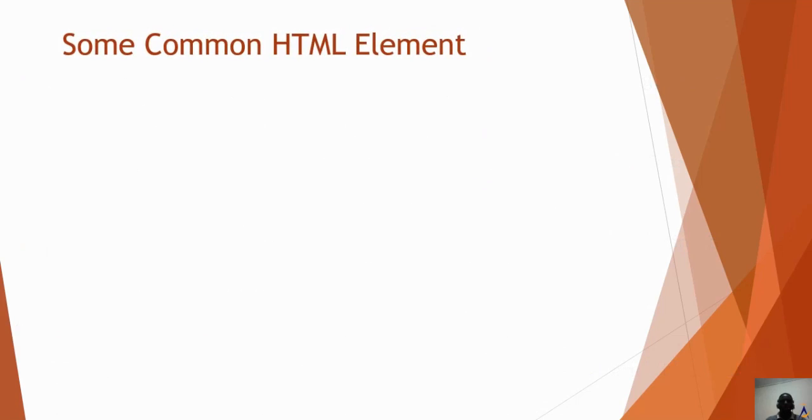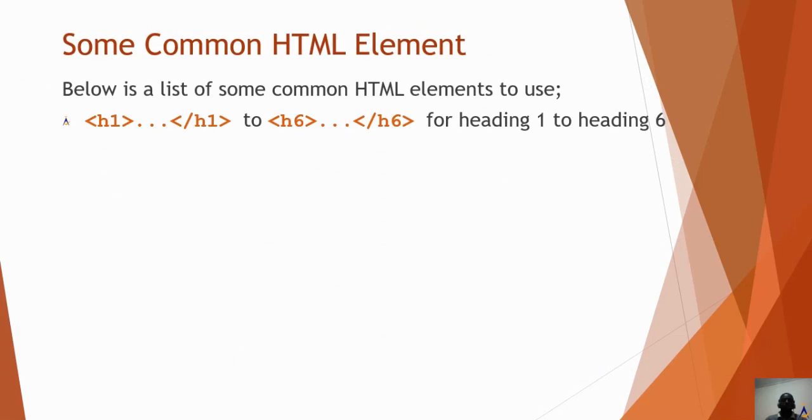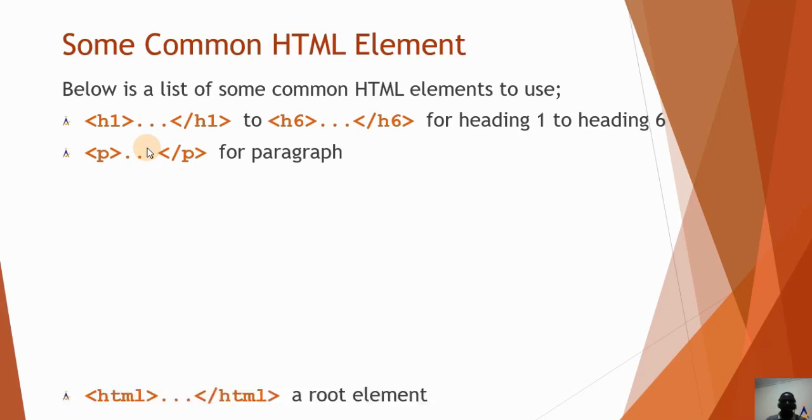Let's see some common HTML elements. Below is a list of common HTML elements. We have heading 1 to heading 6, or h1 to h6, defining headings. We have p for a paragraph. So if we want to put a paragraph, you should use the p tag.